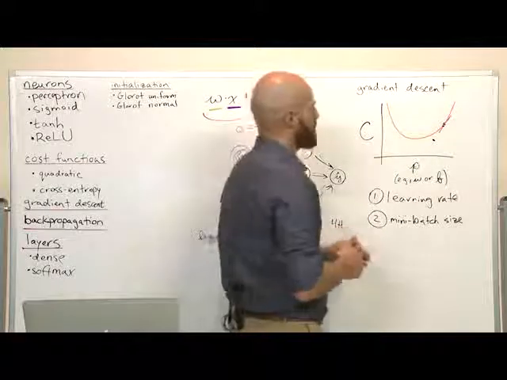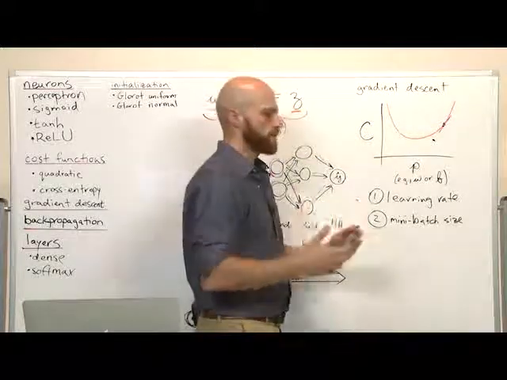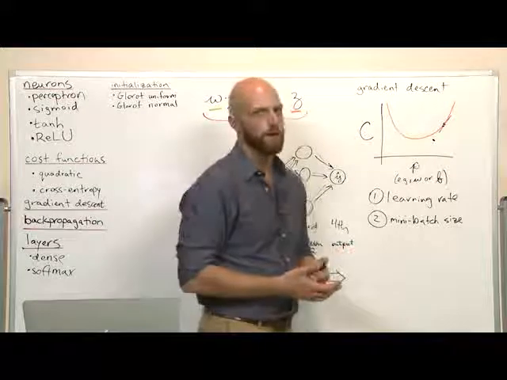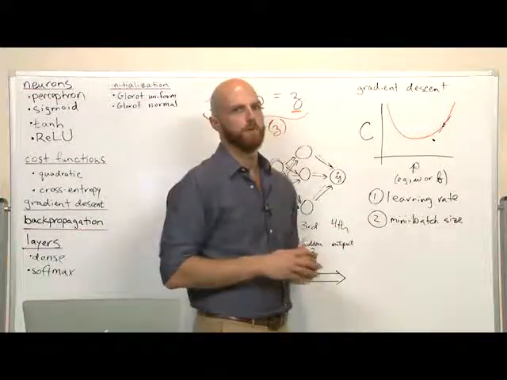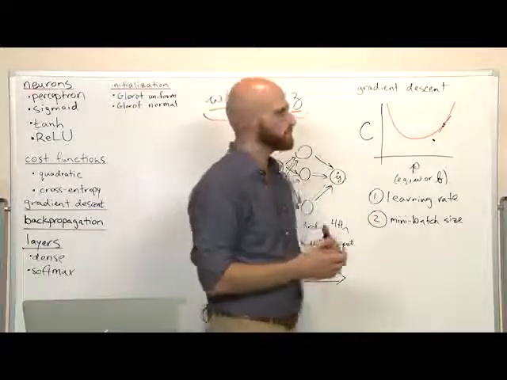Essentially, when we have a large network, even the smallest ones we've been building so far have thousands of parameters. Later on in these live lessons, we'll be building networks with millions of parameters.